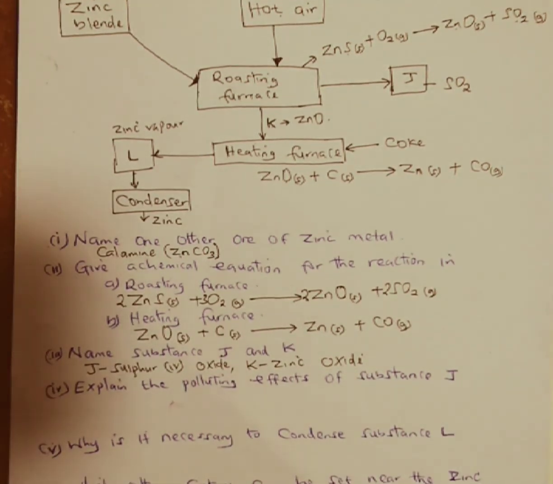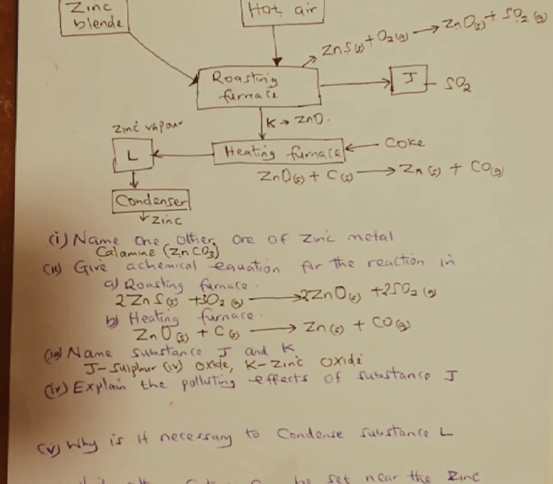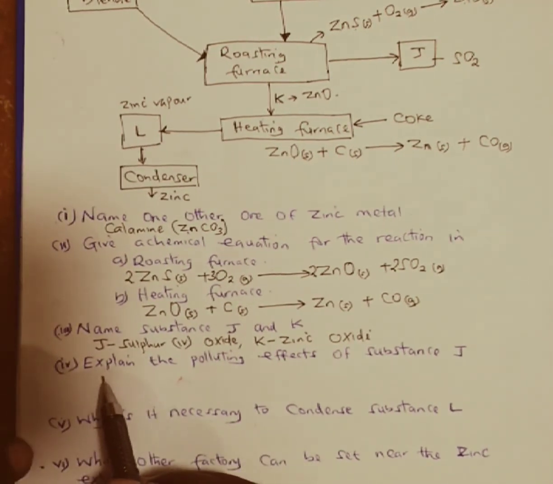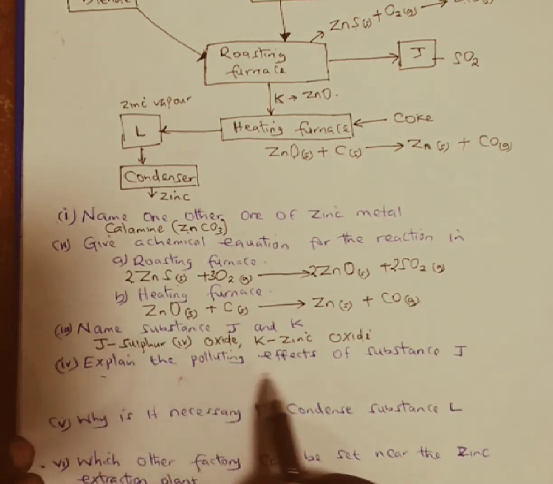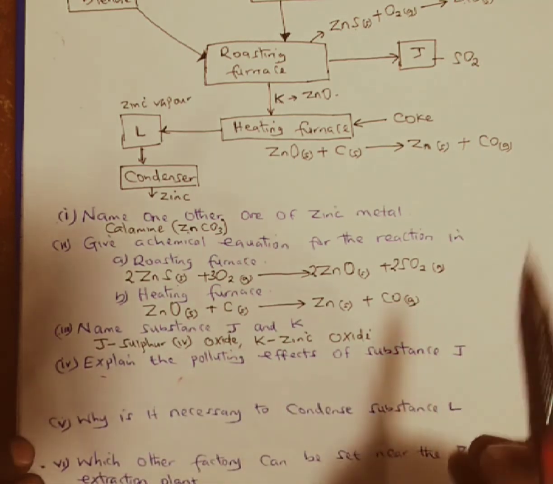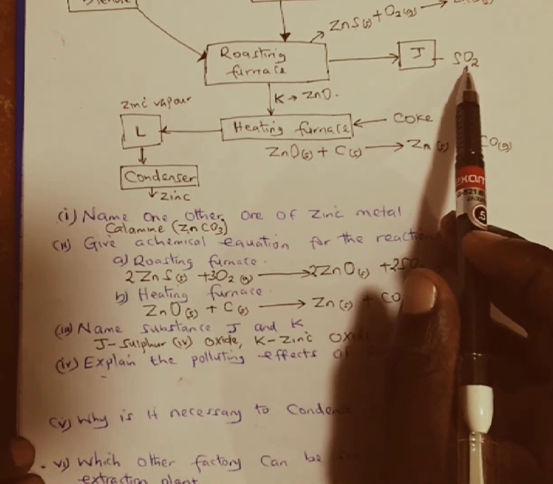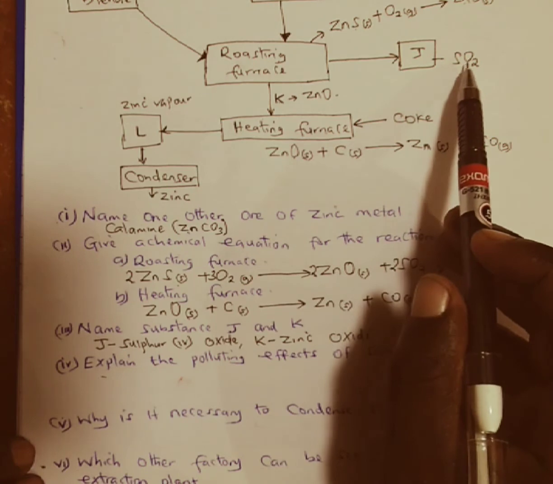Next, the next question that we have, explain the polluting effects of substance J. Substance J is sulfur 4 oxide, which can cause very serious environmental pollution.